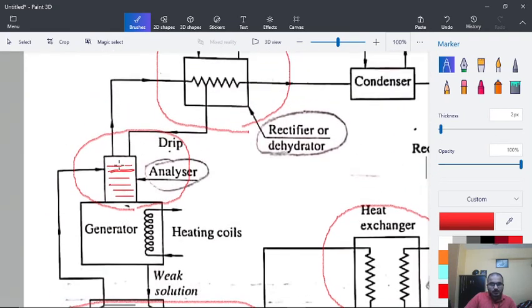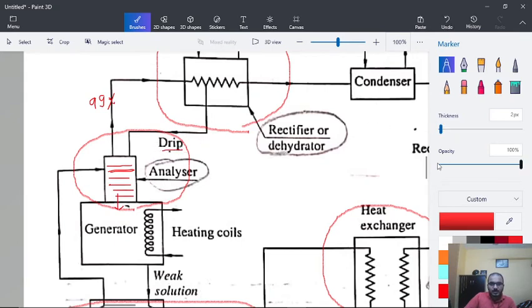Whatever water particles are present will return to the generator, and only the ammonia will go. So here 99% is ammonia which will be moved forward. And we will also discuss this drip, which is the returning part.